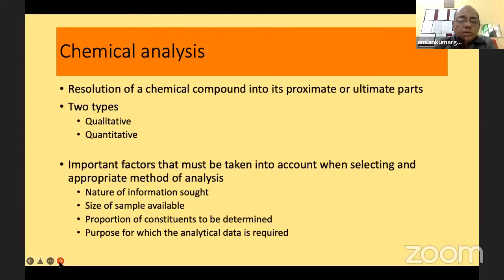So you have to find methods of analysis which are non-destructive for those samples, because after you find out what nutrients are present, somebody else will be using it to find out what microbes are present. So the nature of the information sought, the size of the sample available, and the purpose are all to be taken into account before we start any chemical analysis.